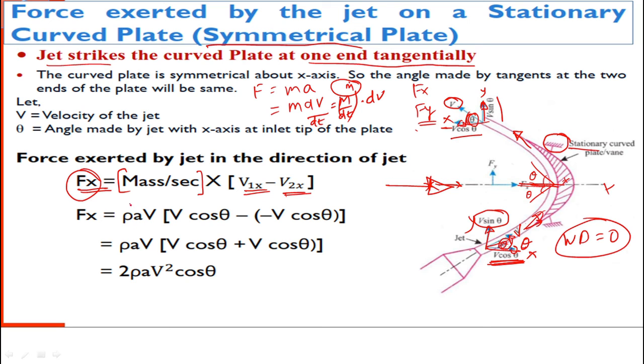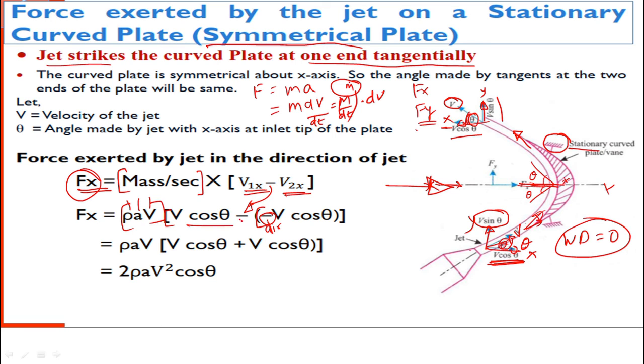The mass flow rate we can write as rho a V, where rho is density, a is cross-sectional area, and V is velocity, into the initial velocity V cos theta minus, in bracket, minus V cos theta, the final velocity. Why are we taking this minus? Because the direction is opposite to the initial velocity, so we take minus V cos theta.